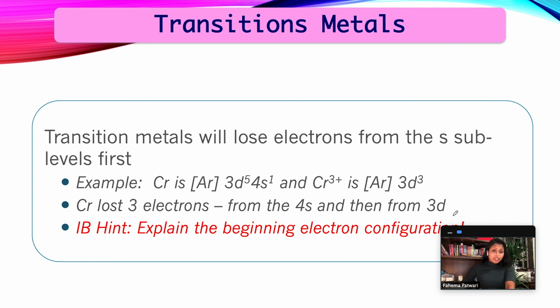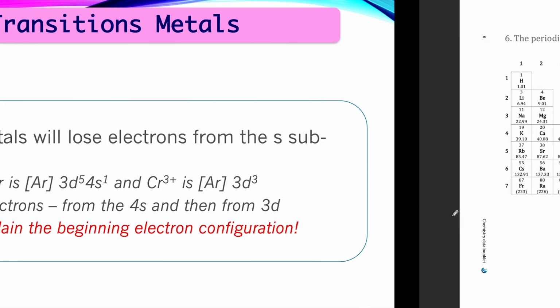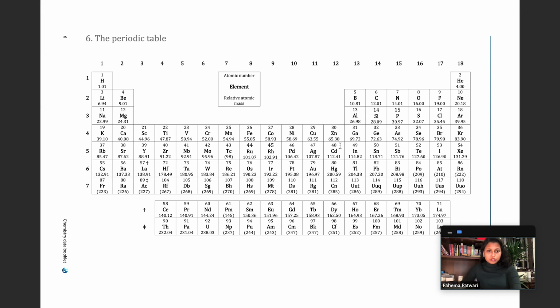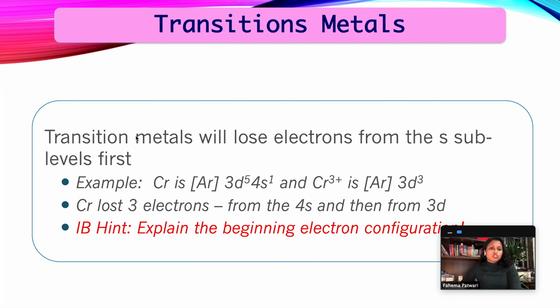Where it gets tricky is with transition metals. Transition metals are these metals in the middle, right? That's just the name for them. In the D block, those are called transition metals. So why does that get tricky? Because in transition metals, 4s is written before 3d.